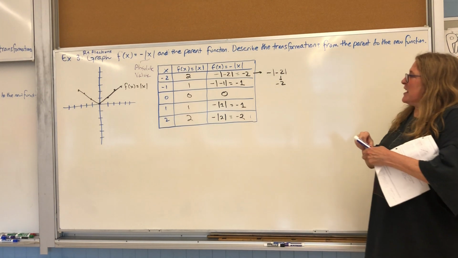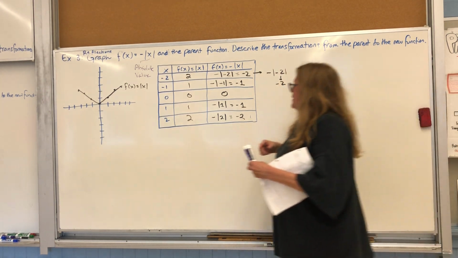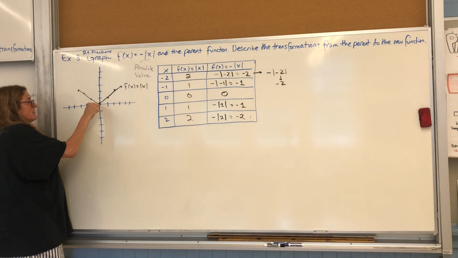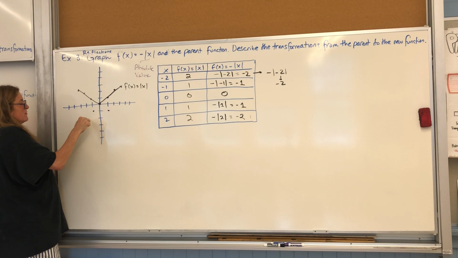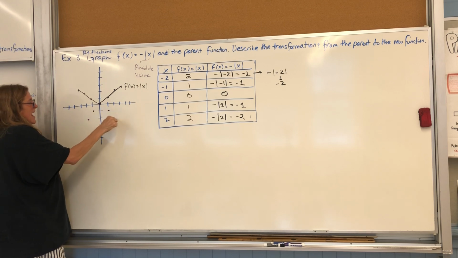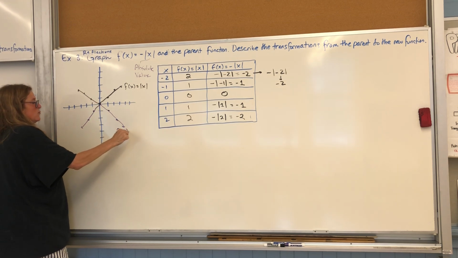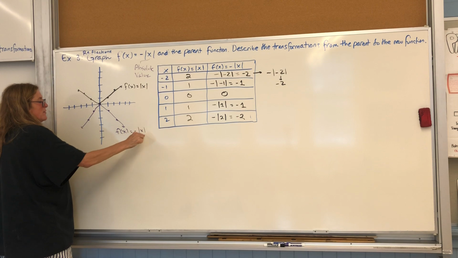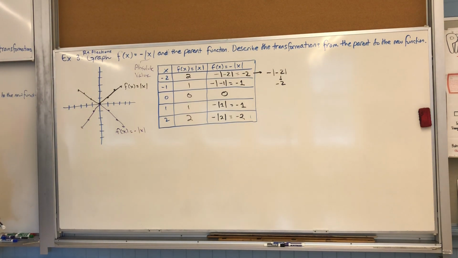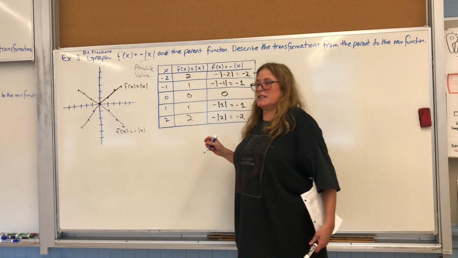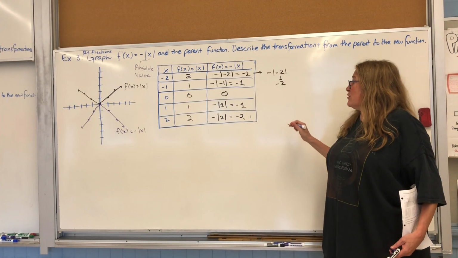So I'm going to graph that in purple, even though I didn't write it in purple here. And let's see what it looks like. We know it's going to be V-shaped because it's absolute value. But how is it going to differ from the parent? This is f of x equals negative absolute value x. How's that different, guys? Well, we can see that it's turned upside down. It's the exact same graph turned upside down.